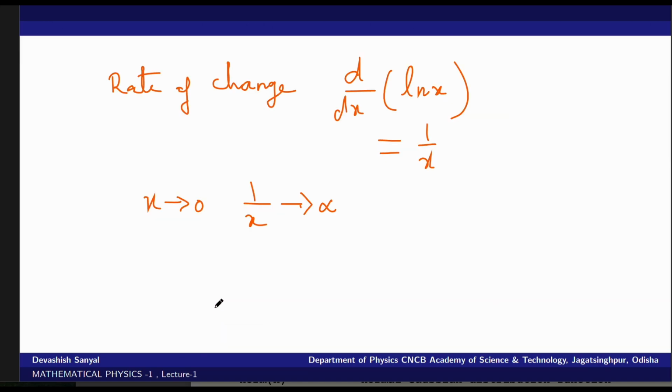And when x tends to infinity, 1 by x tends to 0.